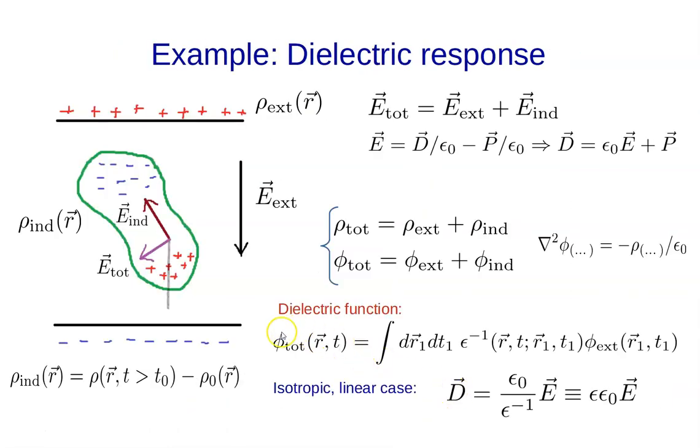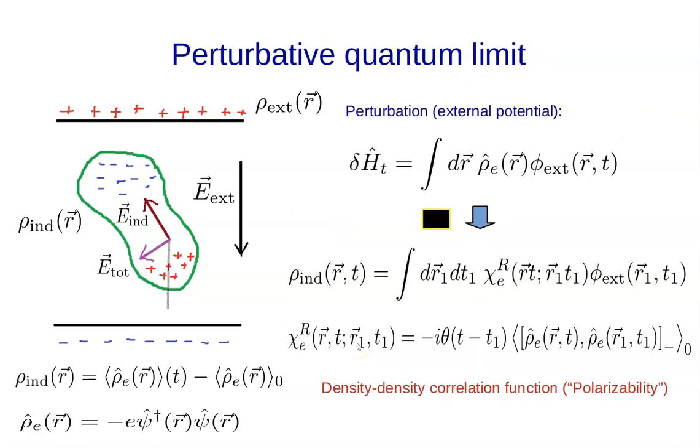We want to associate the total potential with the external potential. We already have at least the density related to the external potential as a first step. So let's try to calculate the dielectric function. And just as an initial comment, sometimes this density correlation function that we're defining here is called the polarizability. So let's see how we can calculate the dielectric function.